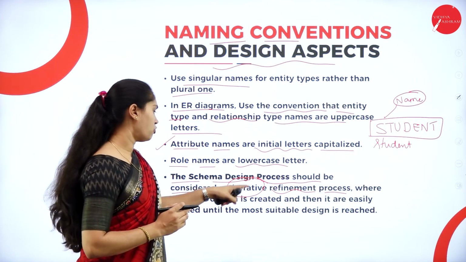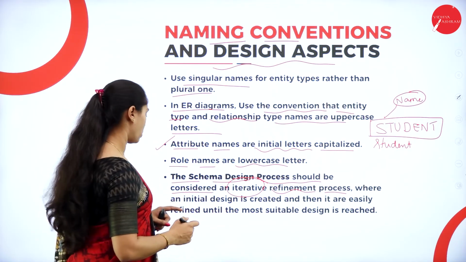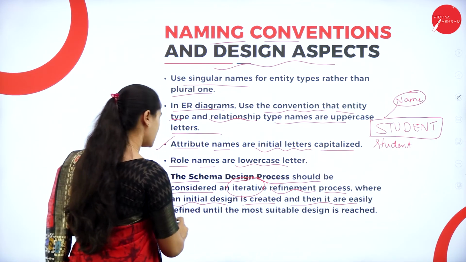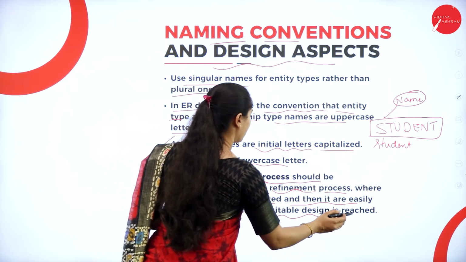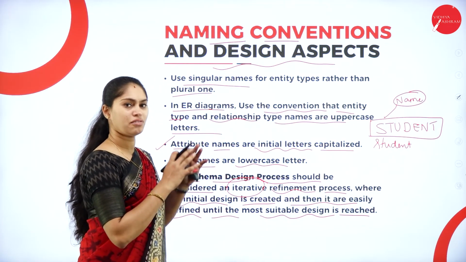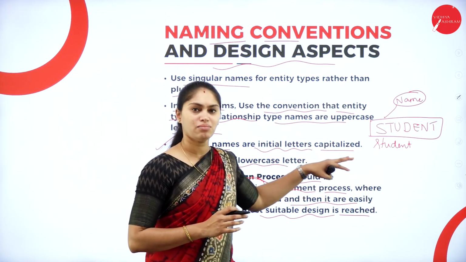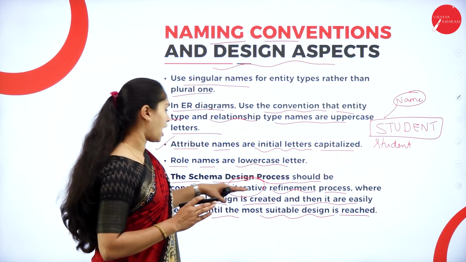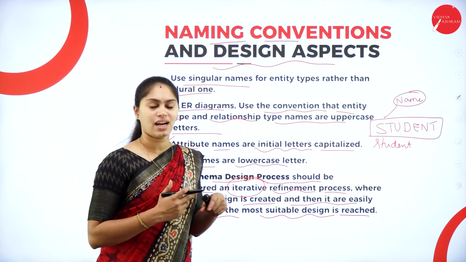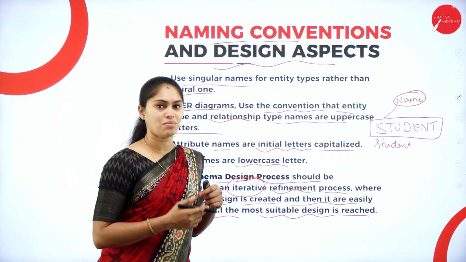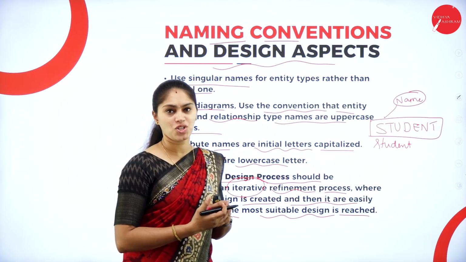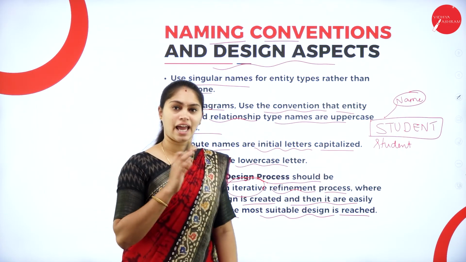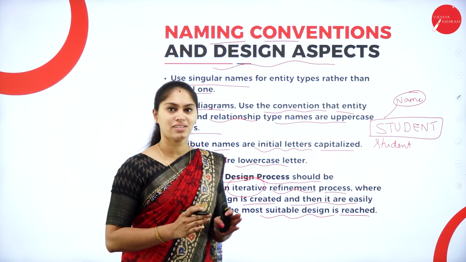So we have to follow this iterative refinement process, where an initial design is created and then it is repeatedly refined until the most suitable design is reached. If I'm okay with my ER diagram or schema, then only I can stop this iterative refinement. Until that, we have to refine it more times in order to make an efficient and effective ER diagram which represents the entity relationship data model.